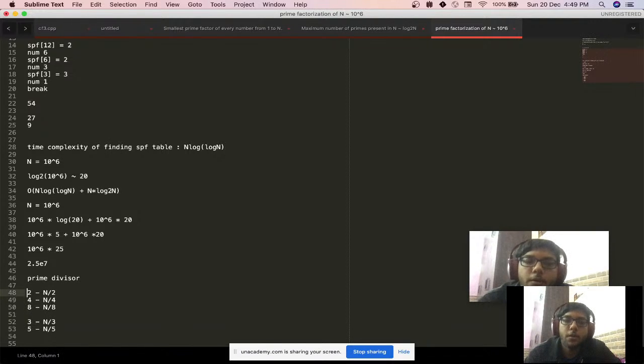For a prime p, in the case of 2, we not only have to add n by 2, because in the case of 8, it is being pushed 3 times: first for 2, then for 4, and then for 8, because it has three twos. That is why we need to add n by 2, then n by 4, n by 8, and n by 16, and so on. So all powers of 2 we need to add.